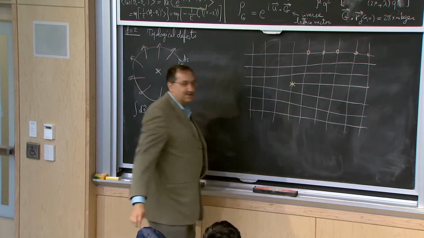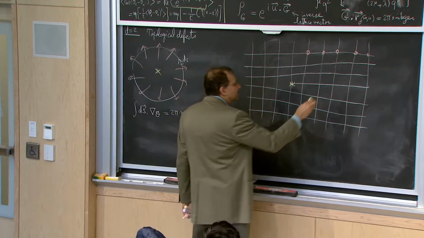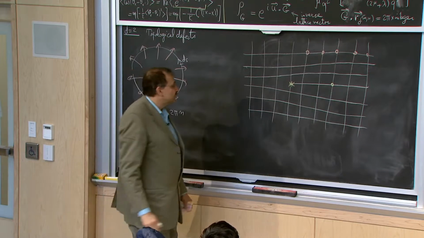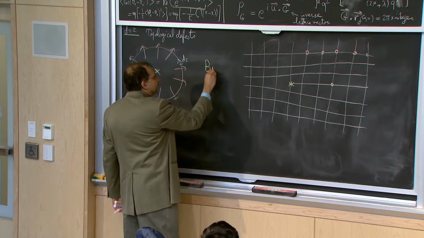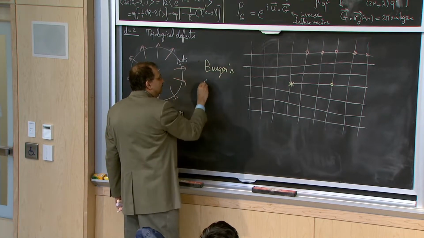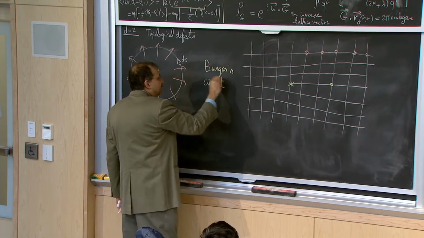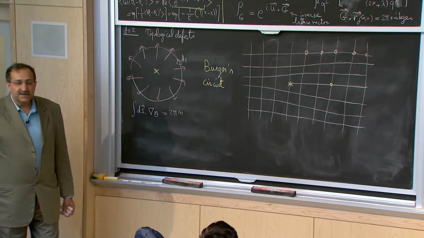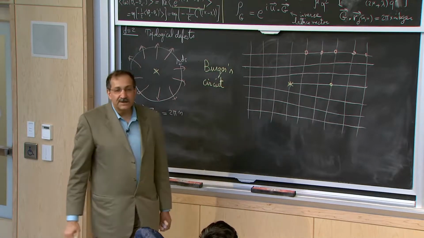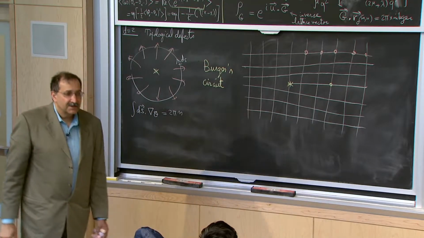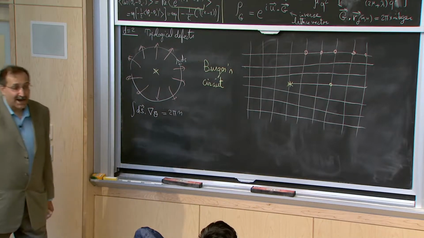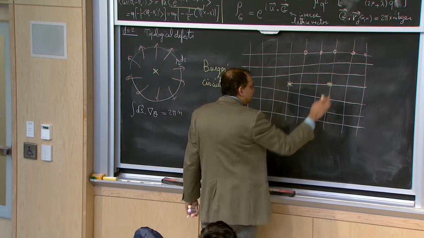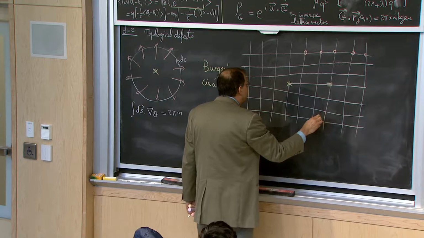And the analog of the circuit that I drew over here that encloses a singularity, there's clearly some kind of defect sitting over here, is that I can start with some point on the lattice and perform what is called a Burgers circuit. A Burgers circuit is some walk that you would take on a lattice, which in a perfect lattice would bring you back to your starting point. Let me start from here.